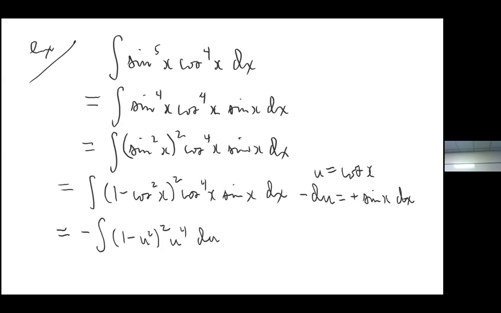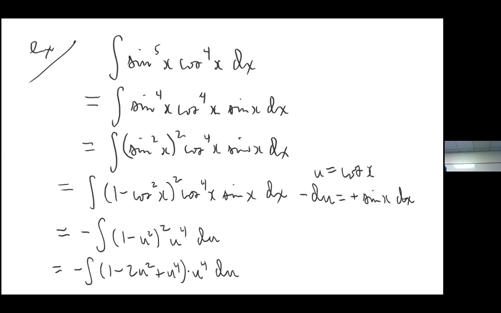This is one of those situations where the better part of wisdom is to simply use algebra to finish the job here. I won't go through the whole thing, but if you expand this out, it's going to be 1 minus 2u squared plus u to the power 4 times u to the fourth du.